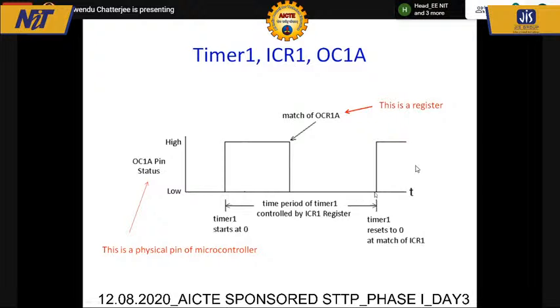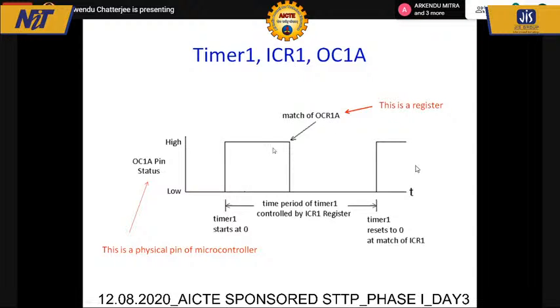Now the timer, instead of overflowing, because we have set the two modes, time period and pulse width, as soon as it meets the ICR1 register value, which we can set to another value, Timer 1 resets and starts from 0. So this period will continue.